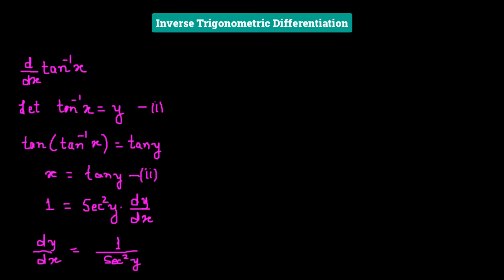Now we're going to use the identity that 1 plus tangent squared x equals secant squared x. Since we have y, dy over dx will be equal to 1 over 1 plus tangent squared y. So on the left hand side, we're going to replace y with tangent inverse of x by using equation number 1.